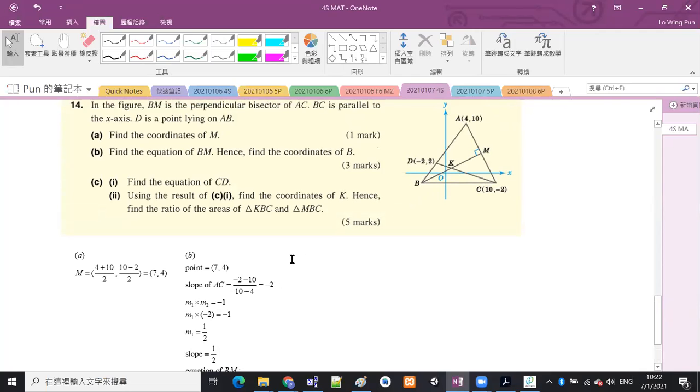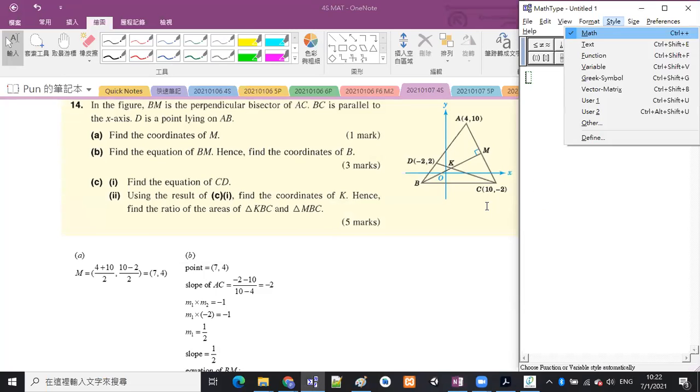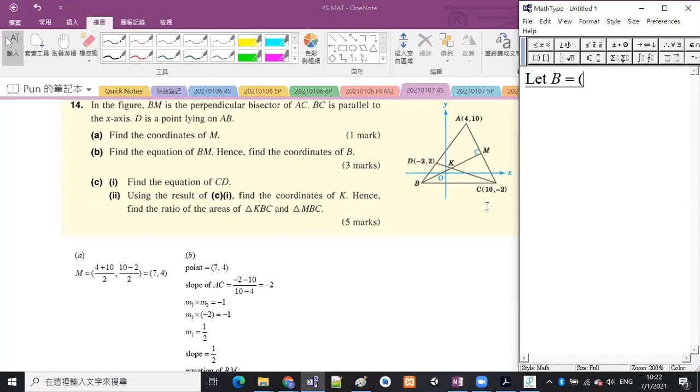Which means that the y coordinates of B should be exactly the same as the y coordinates of C. So we can let B be (A, -2). Can you get this? Because point B is on the same horizontal level as point C. So the y coordinate of point B should be -2.